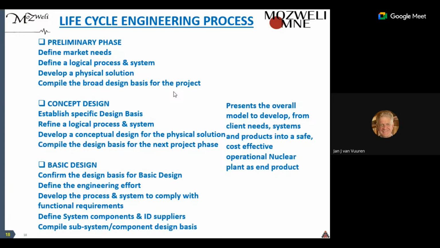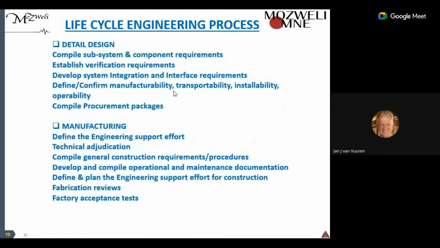Then we've got the system designs, the development specifications during concept design and basic design, and during detailed design, we compile all the system, subsystem specifications and components. So it's a process of breaking down specifications and defining what we need in a way that we can produce it and manufacture it at the end.